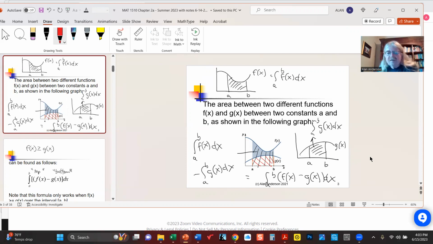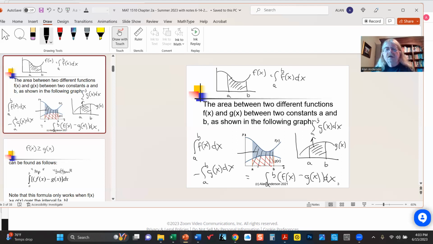Now, the graph here, what I'm trying to indicate is that if I calculate the entire area from f of x down to the horizontal axis, and then subtract off the area between g of x and the horizontal axis, what's left over is what we're looking for here. The blue shaded region is what we're actually after.